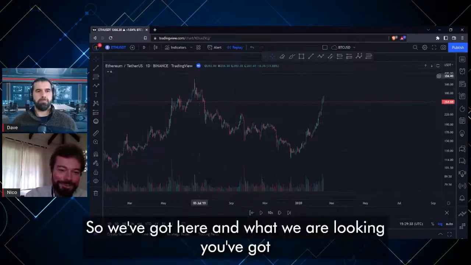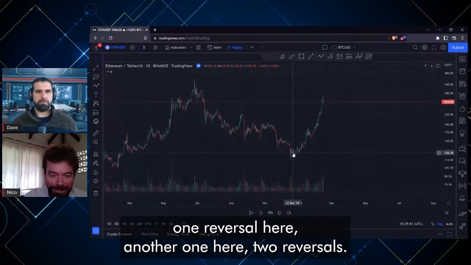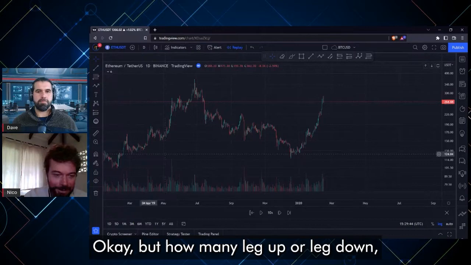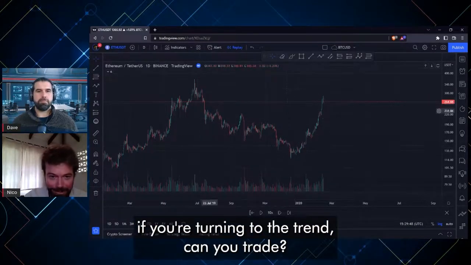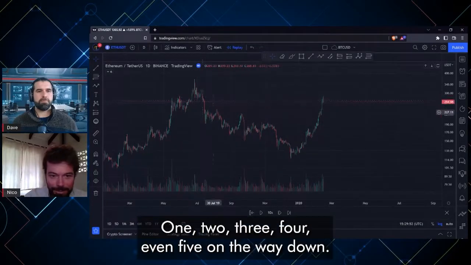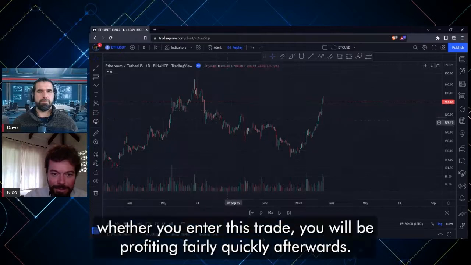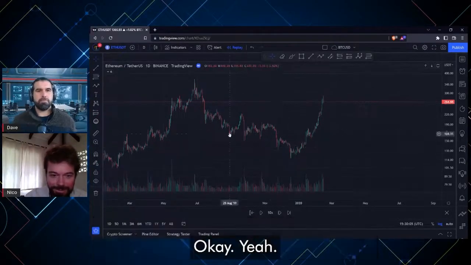Here you've got one reversal, another one here, two reversals. But how many legs up or legs down can you trade if you are trading with the trend? You can trade quite a lot. 1, 2, 3, 4 on the way up, 1, 2, 3, 4, even 5 on the way down. So you've got 5 trades here, 5 setups. It doesn't really matter where you enter this trade, you will be profiting fairly quickly afterwards.